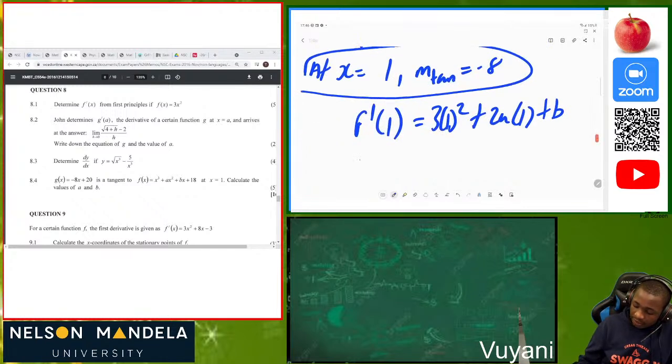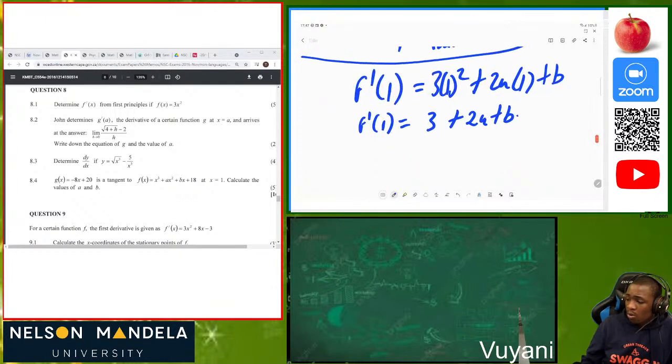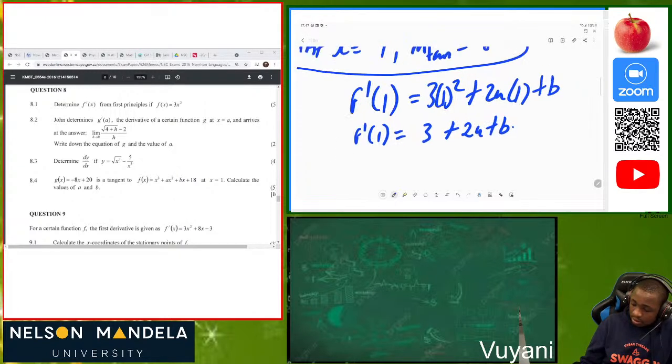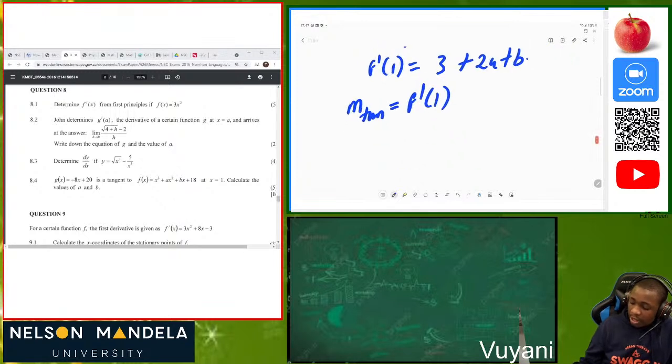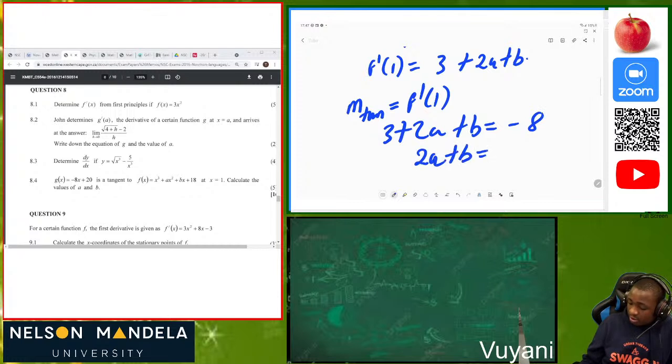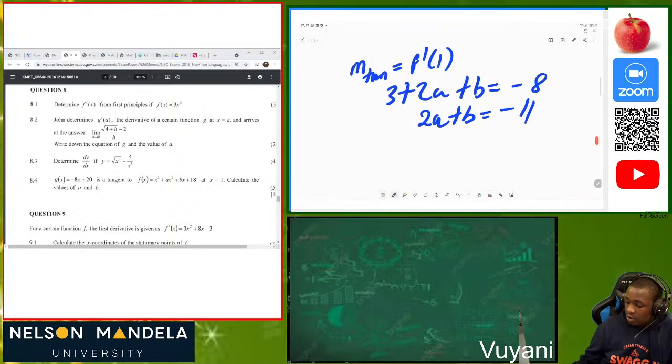So f prime of 1 is equal to 3 plus 2a plus b, and we know that the gradient of the tangent is equivalent to f prime of 1. So 3 plus 2a plus b is equal to -8. Then after that, you end up having 2a plus b equal to -11. So that will be our equation 1.